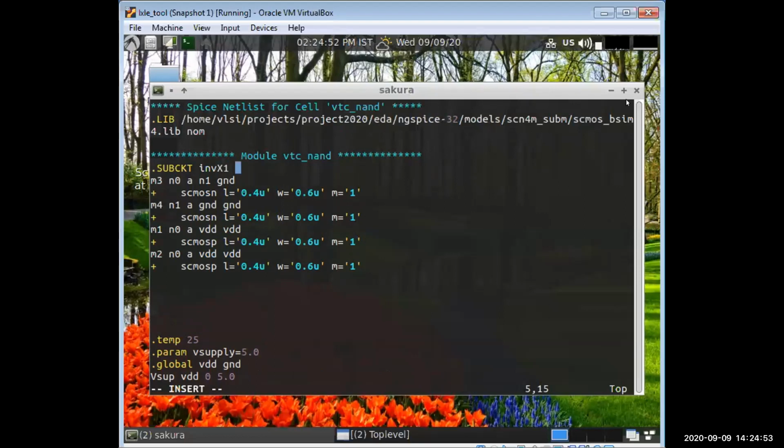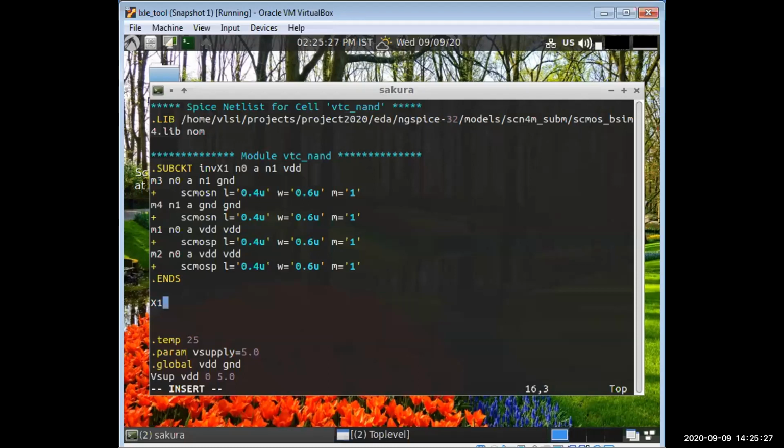Then all the nodes in the subcircuit, that is N0, then A, then B, B is not there, so A, then N1, then VD. End this subcircuit with the .ends command. Now it's ended. Now we have to instantiate the subcircuit. As I said earlier, we instantiate by writing X and any name.